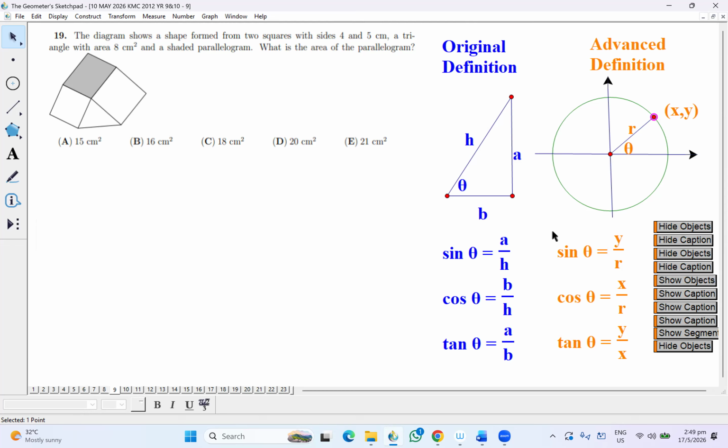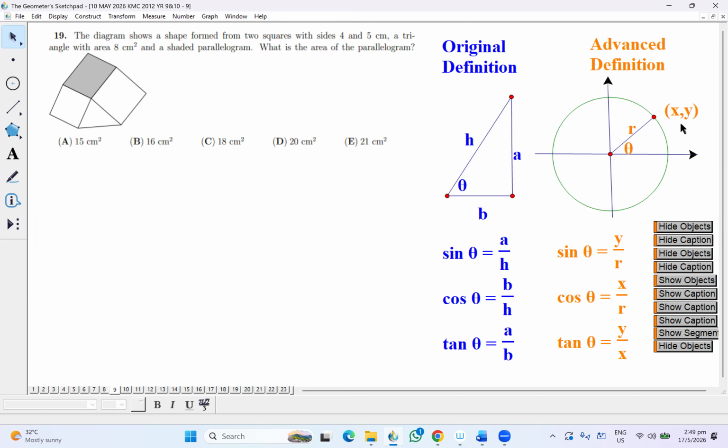So sine theta, y over r, has many values, each one at 360. There is a cycle. Every cycle, you get the same value. So they invented the definition so that sine, cosine, tangent have a periodic cycle, occurring for many values at regular intervals.